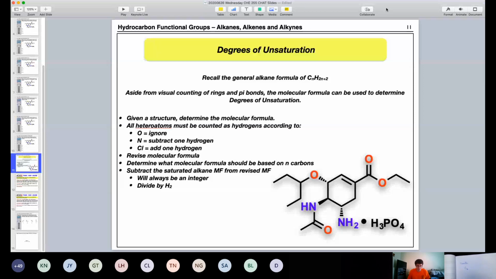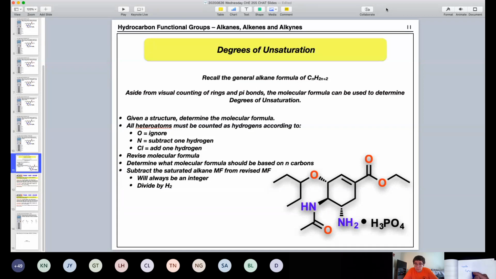It's very blurry. Does that help? So hydrogens, we have, Aiden says 28. Does everyone count 28 hydrogens?